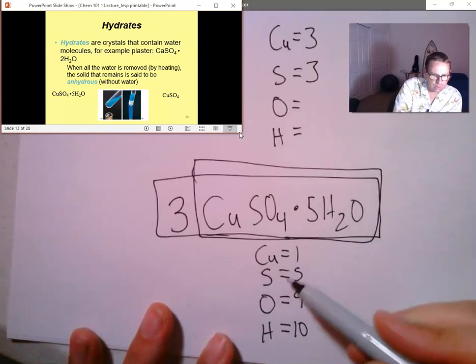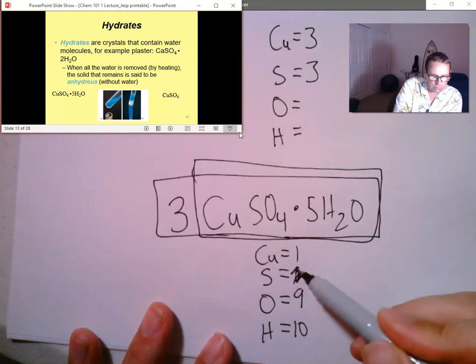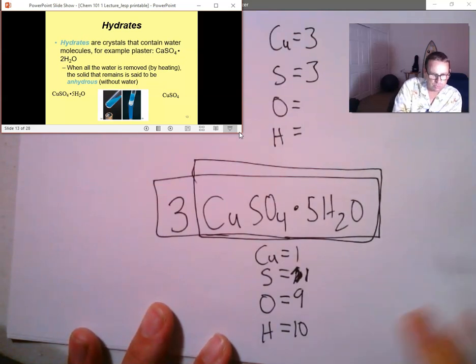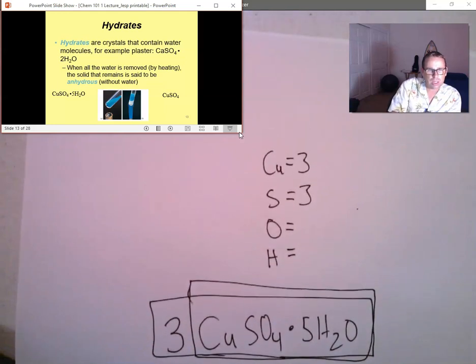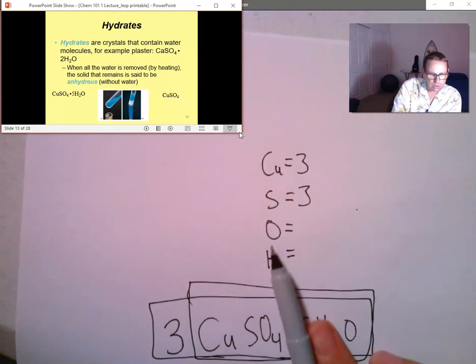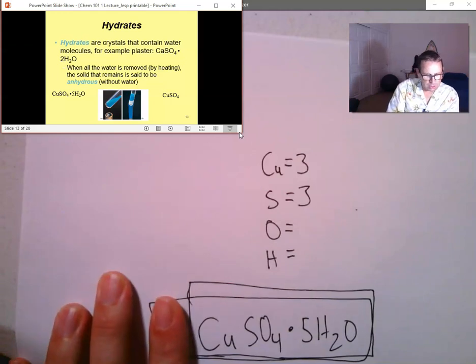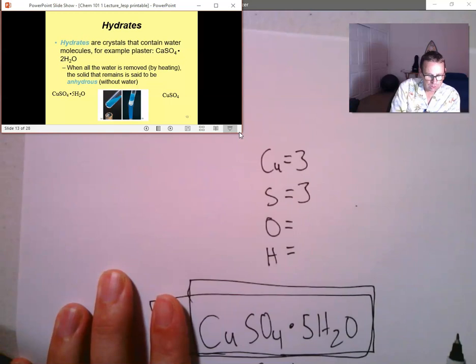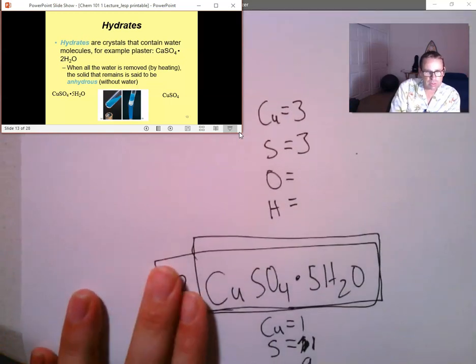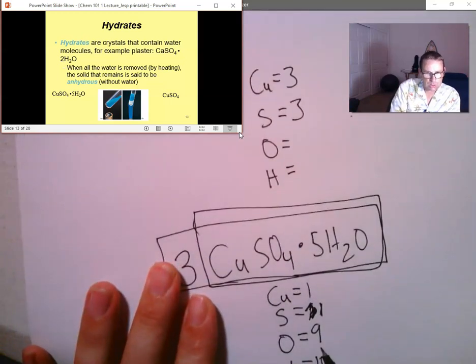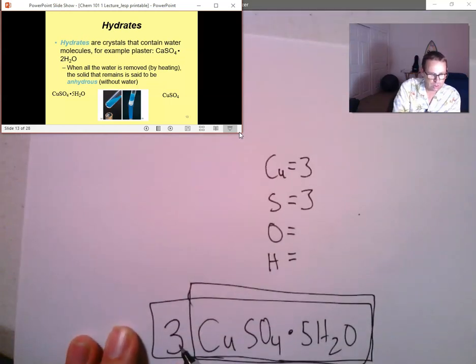You know what I just noticed? I wrote down 5 somehow. But you said sulfur was 1, and that's the right answer before. So just in case somebody caught that, sulfur was 3. How many oxygens now when I have 3 of these? Maybe it's easy to do it without the 3 first. What did we have last time? We had 9 last time.